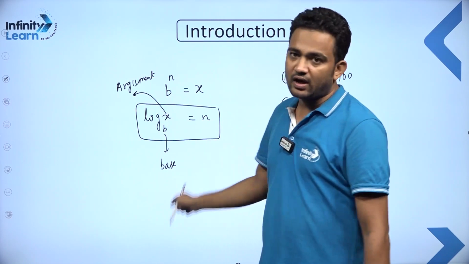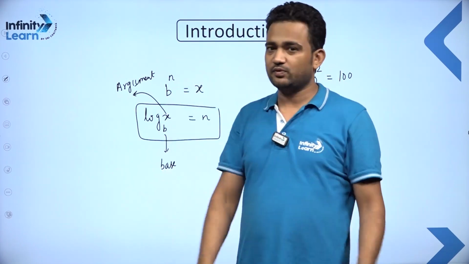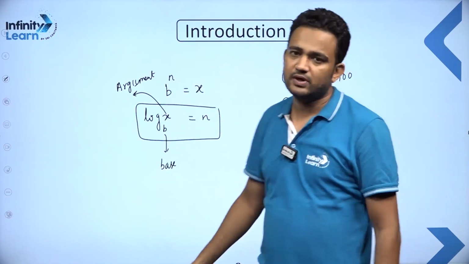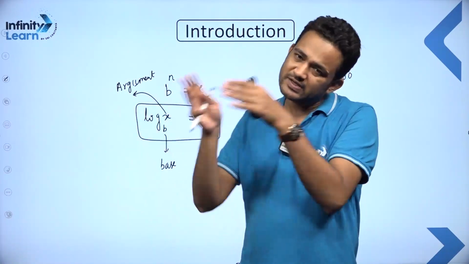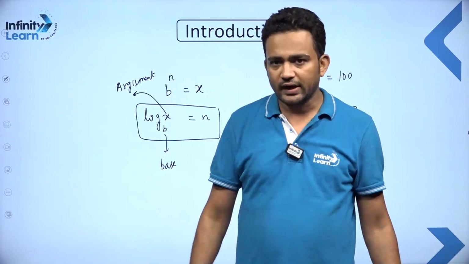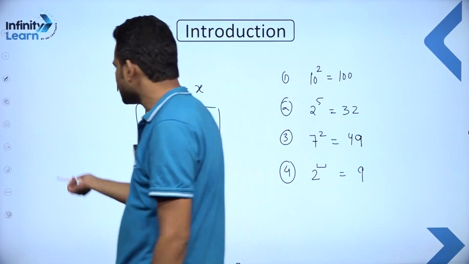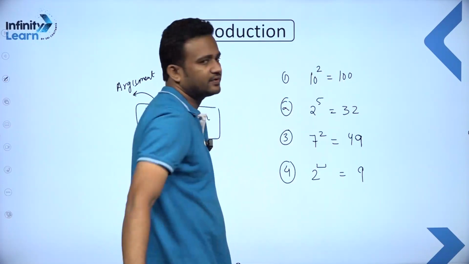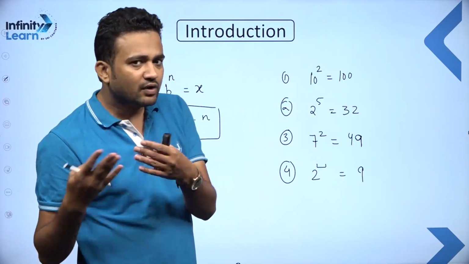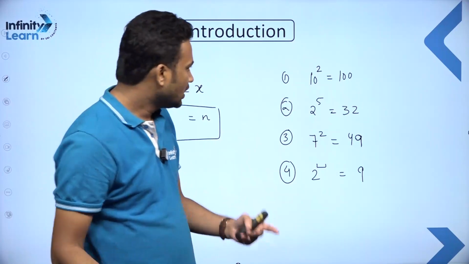This is the value of log, which represents the exponent if we convert it into the form of exponent. It means we can convert every log function into an exponent and every exponent function into log. How will we do this? These are exponent functions. If you want to convert them into the form of log, how will we do this?